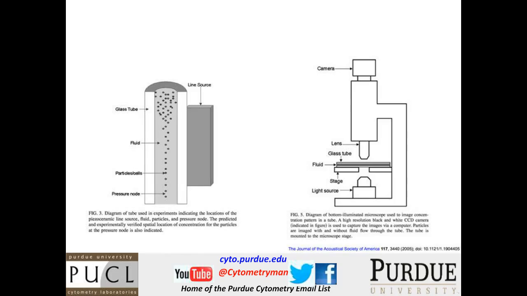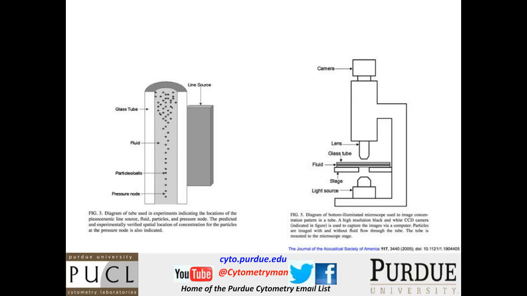So here is a picture of the tube that he made, and on the side here you'll see there's what's called a line source. So what he did was he said, well, I understand what acoustic waves can do.